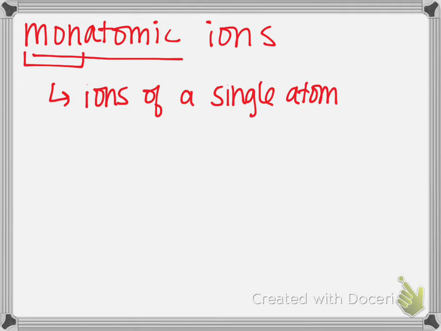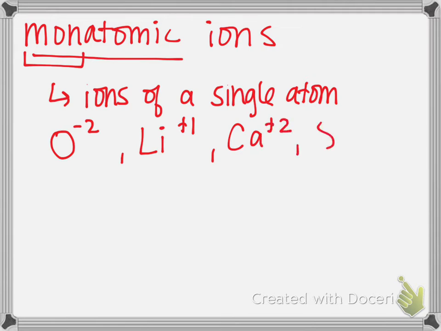We've looked at some monatomic ions before. Monatomic ions are things like O -2, Li +1, Ca +2, S -2, right? These are all examples of monatomic ions because it is a single atom with a charge.